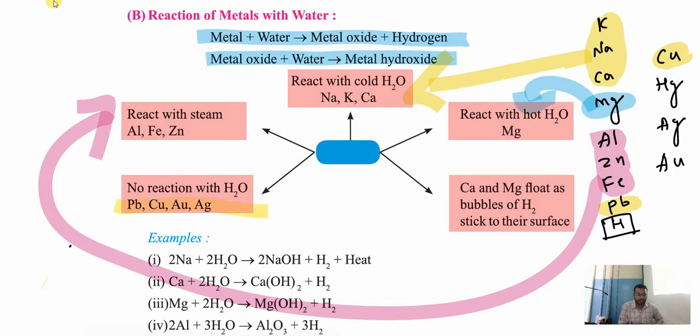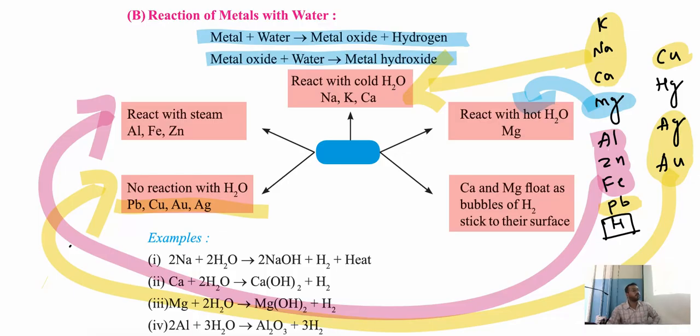Can you see here? Lead, copper, gold, silver. These all do not react with water. Please forgive mercury. Mercury, you can't touch, you can't hold. Understood. Forget about it. Any doubts still here?